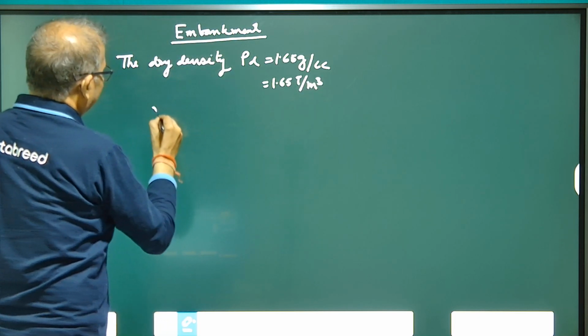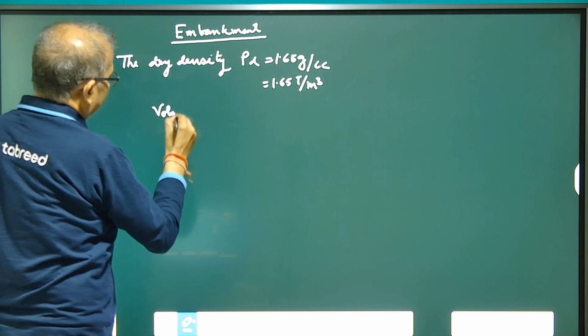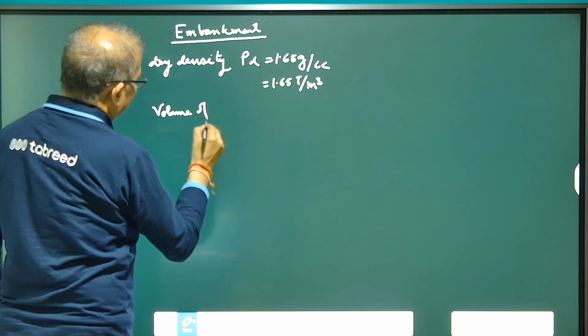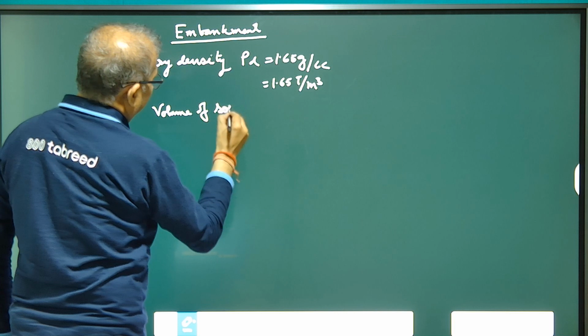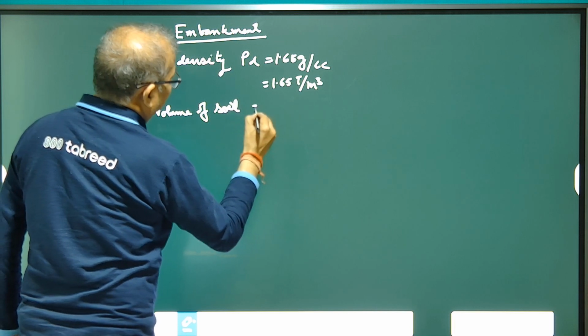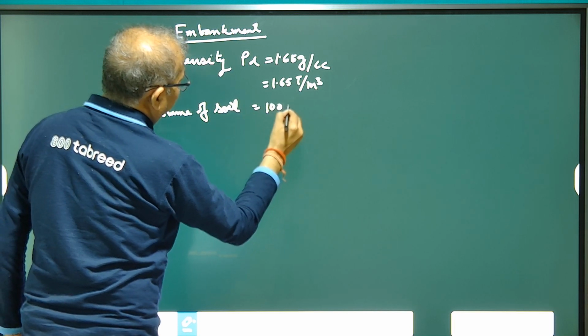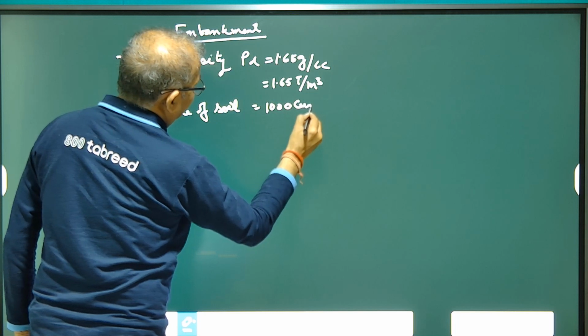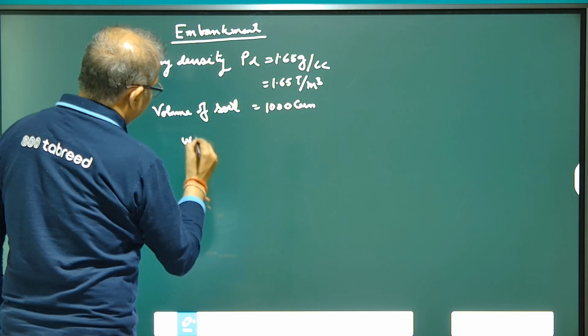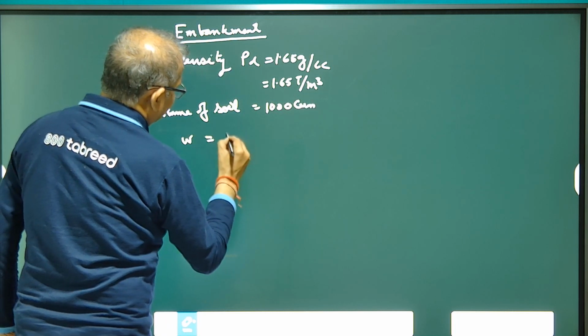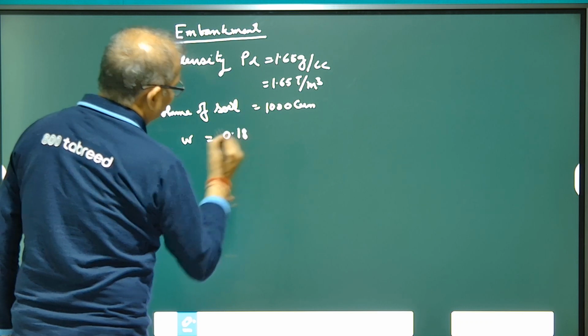The volume of soil is given as 1000 cubic meter and water content W is given as 0.18 in the question.